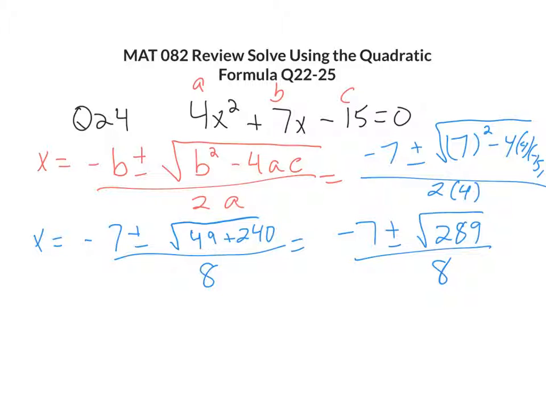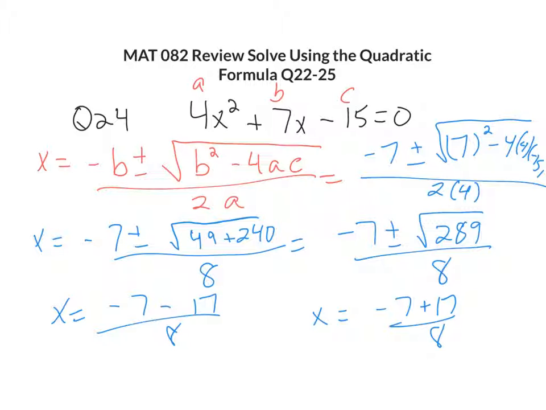Well, the square root of 289 is 17. So I'm going to split this up. X equals negative 7 minus 17 over 8, and X equals negative 7 plus 17 over 8.